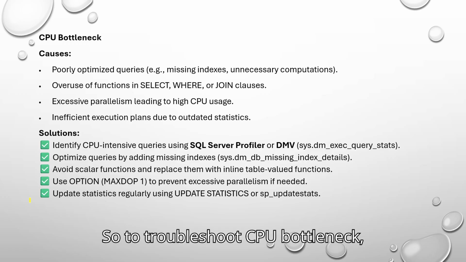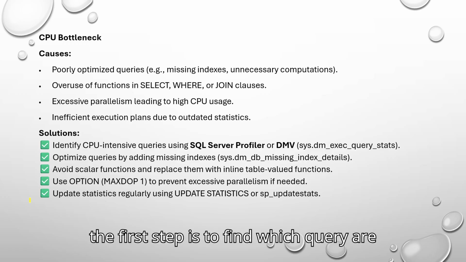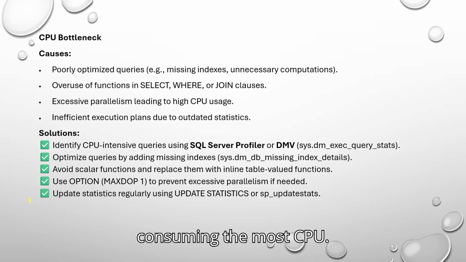So to troubleshoot a CPU bottleneck, the first step is to find which queries are consuming the most CPU. You can use DMVs, like sys.dm_exec_query_stats, to identify the top CPU consuming queries.